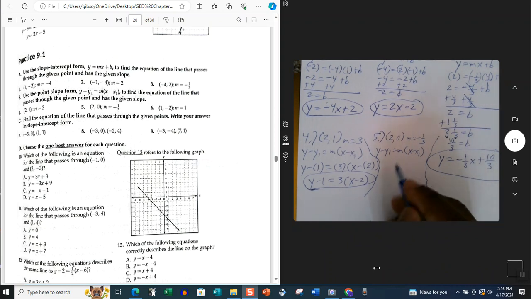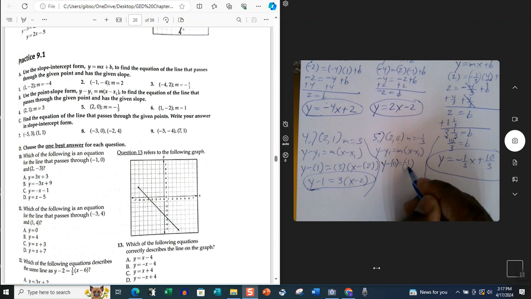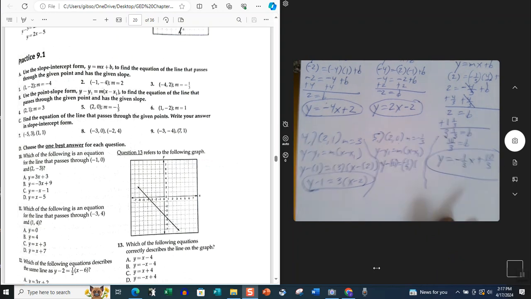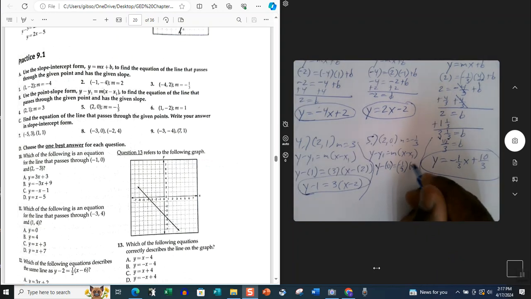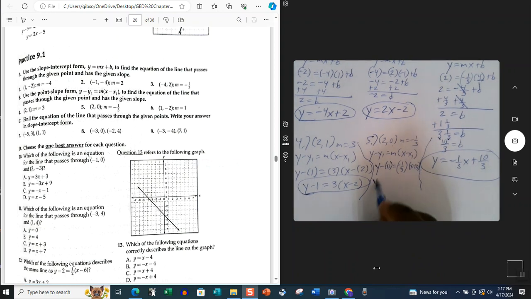So when we substitute, we have y minus y sub 1, which is 0, is equal to the slope, which is negative 1/3, times the parenthesis of x minus, and then x sub 1 is 2. So y minus 0 is y, equals negative 1/3, and then in parentheses we have x minus 2. And that right there is your answer in point slope form.